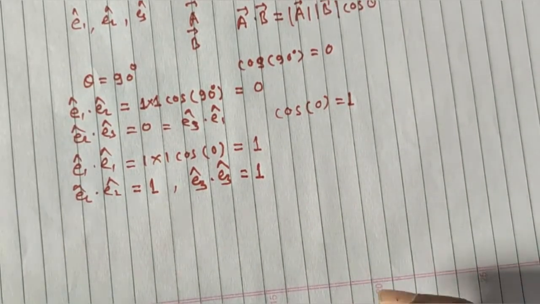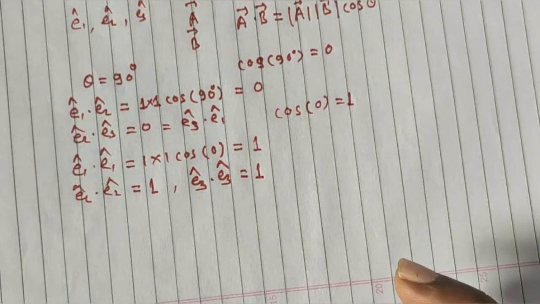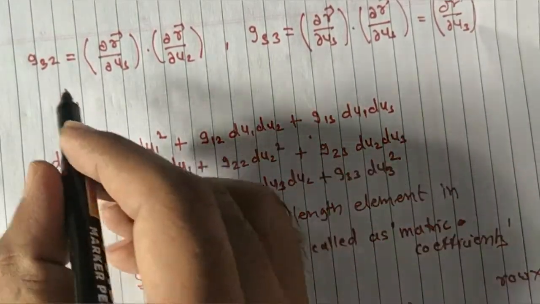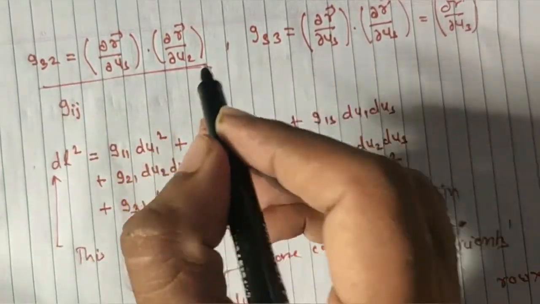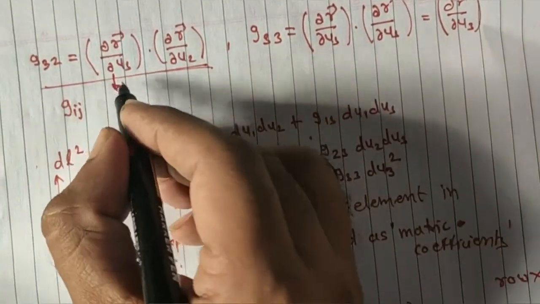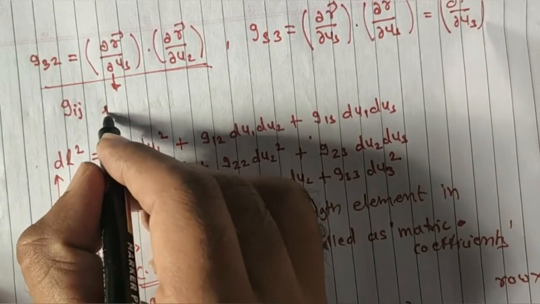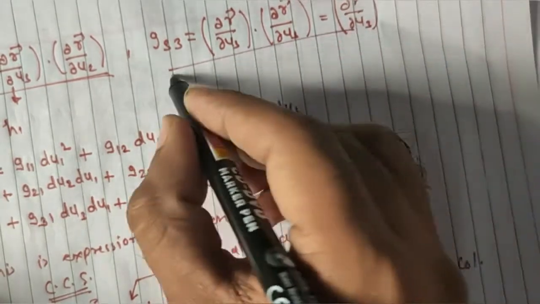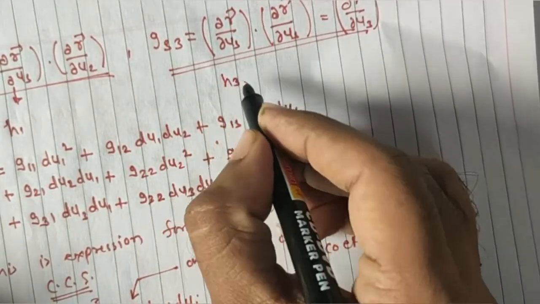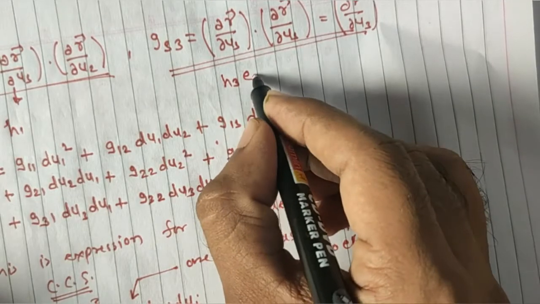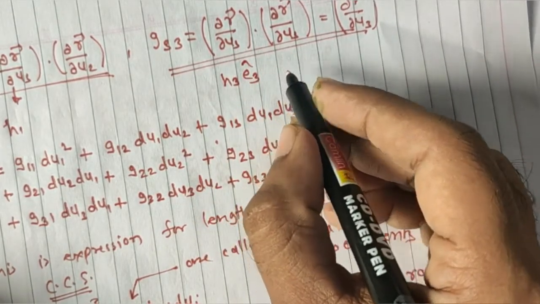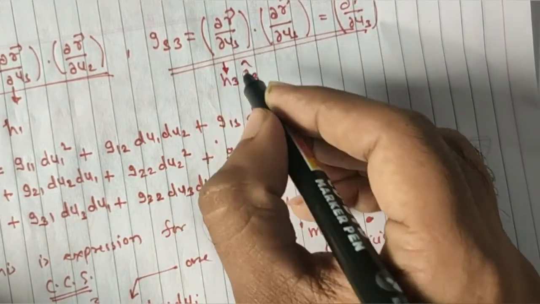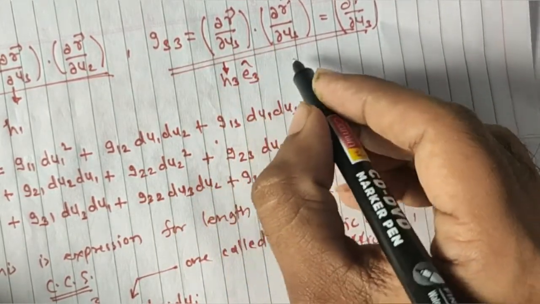Okay, why am I doing this? Earlier we saw that there are matrix coefficients, and if I take an example of this coefficient, you can see there is some h3 and there was some e3 cap. You can see what we did last time. This is the magnitude of this vector and this is the unit vector along that vector.